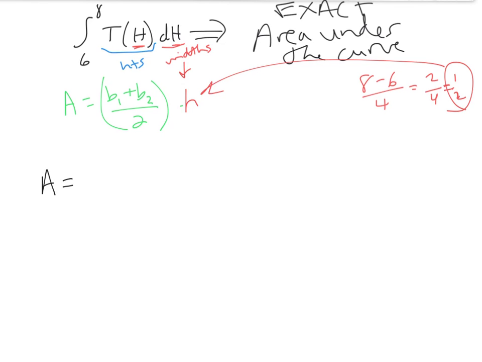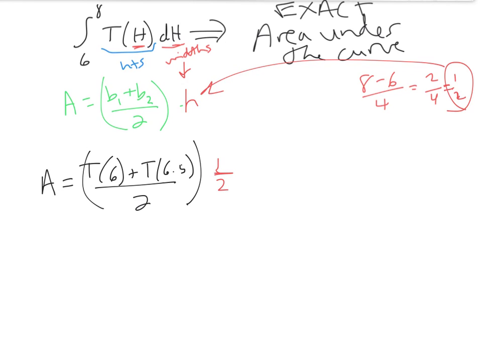Area is going to be, I'm going to use t for my function, t of 6 plus t of the next spot, if I'm going with an interval of 1/2, is going to be 6.5, divided by 2 times the height of 1/2.